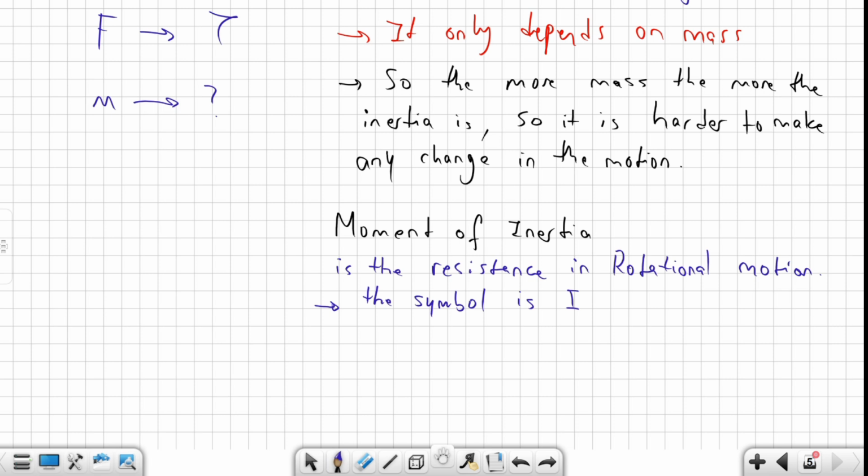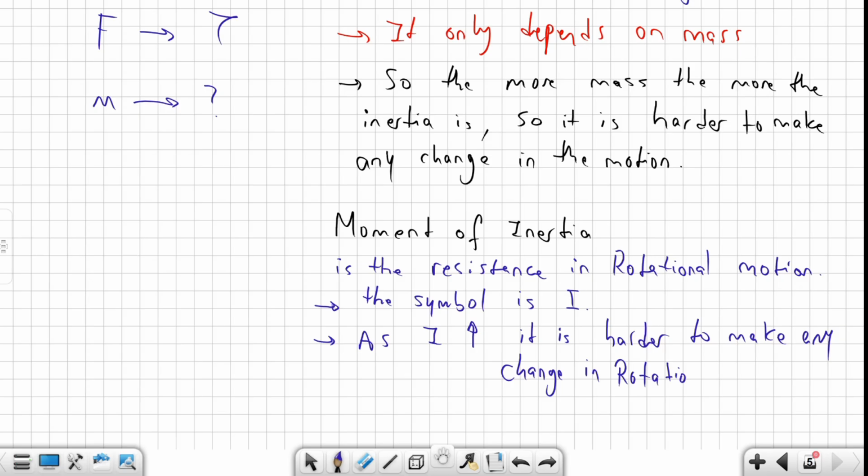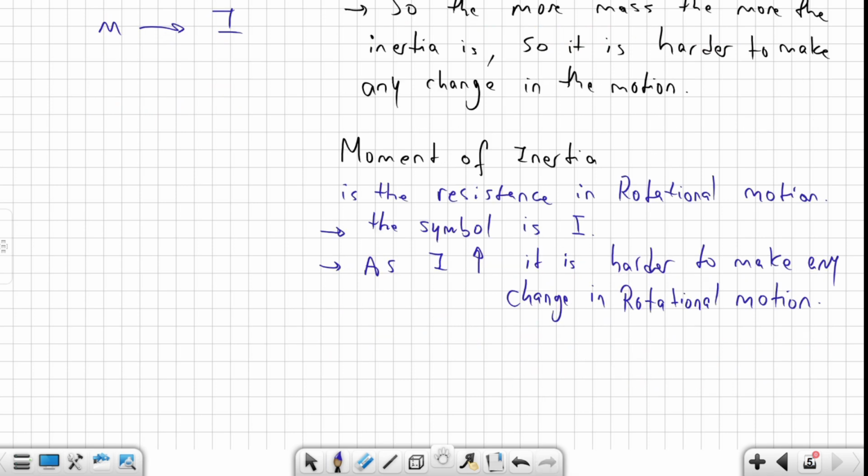If you just say inertia, it is the resistance in linear motion. I is the resistance in rotational motion, which is the moment of inertia. And as the moment of inertia increases, it will be harder to make any change to the rotational motion of that object, because as I increases, the resistance increases. So the rotational analog of mass is I, which is moment of inertia.